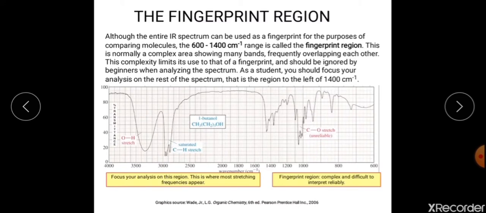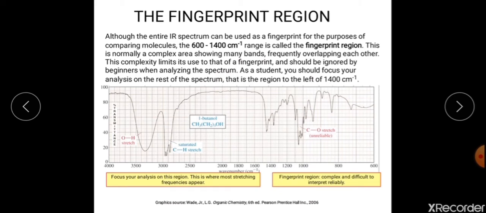Now what is this fingerprint region? This is your fingerprint region, 600 to 1400 centimeters inverse. It is normally a complex area showing many bands frequently overlapping each other. This complexity limits its use, and it should be ignored by beginners when analyzing the spectrum. As a student, you should focus only on the analysis of the rest of the spectrum.